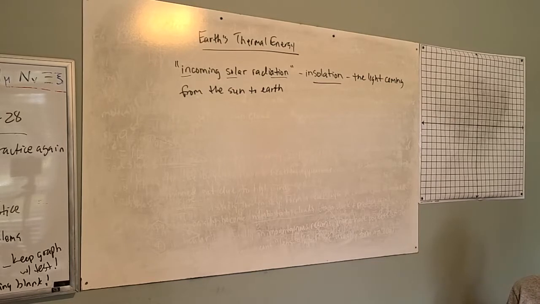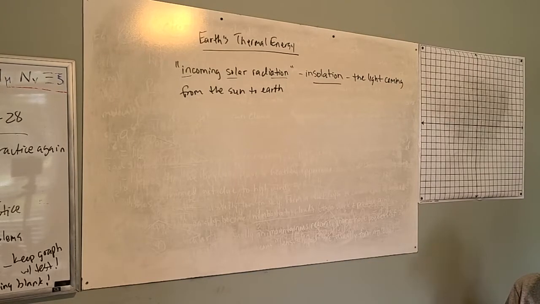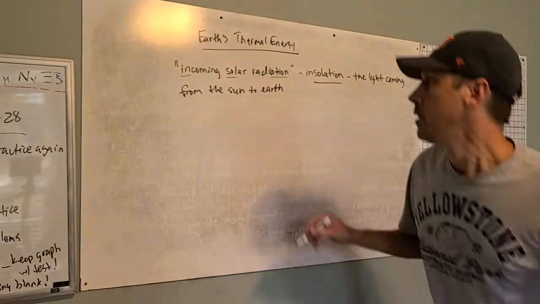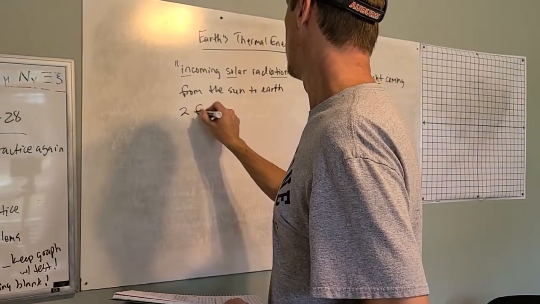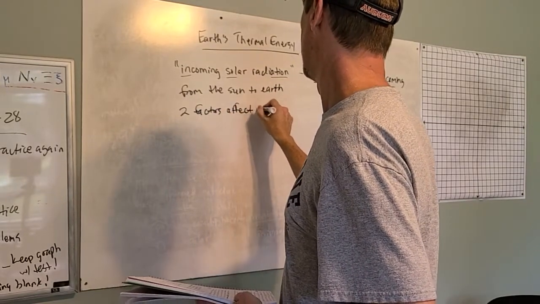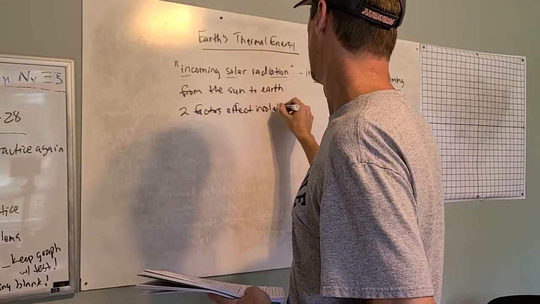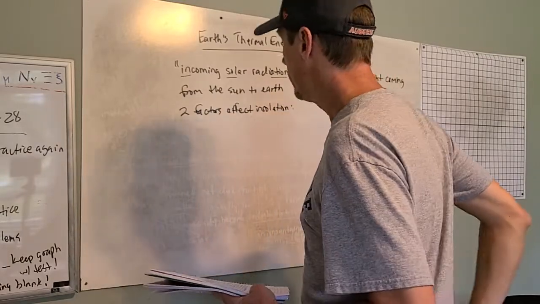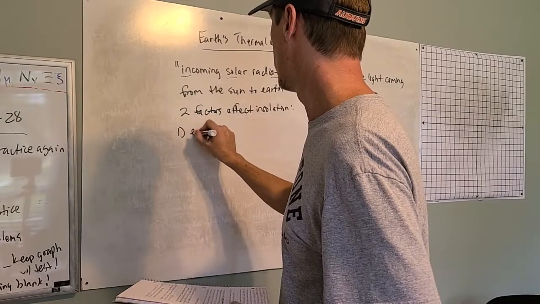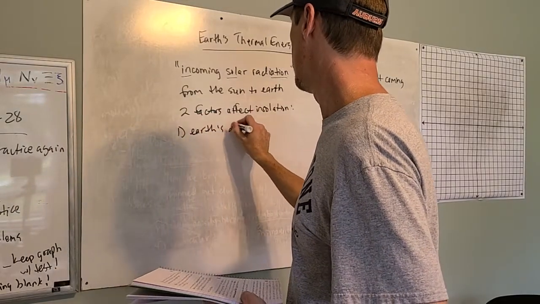And so there are really two things that affect the amount of insolation, what the Earth gets from the sun. So two factors affect insolation. Number one is the Earth's distance from the sun.